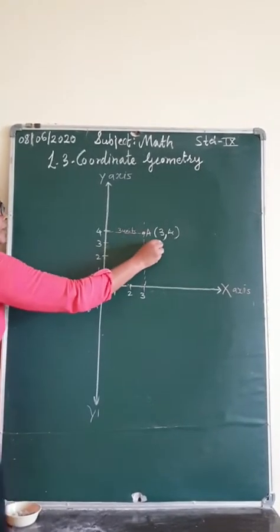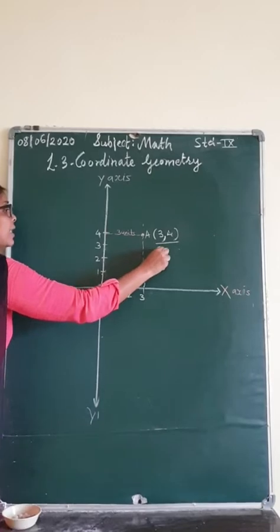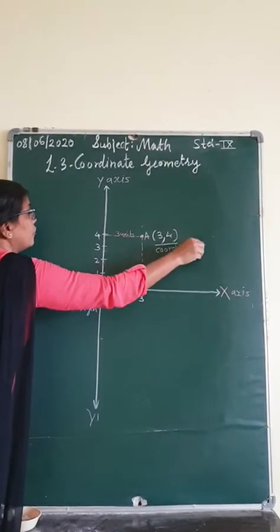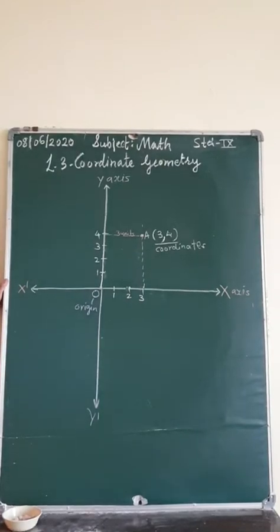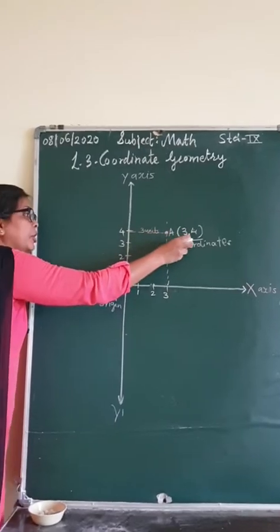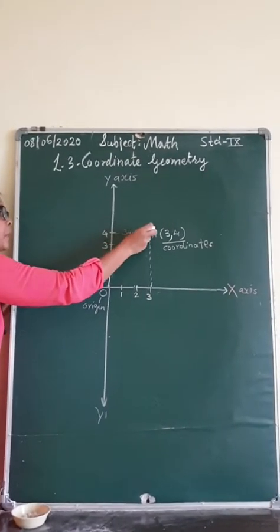This is what we call coordinates, the coordinates of point A. With the help of these coordinates, we can easily locate the point A.